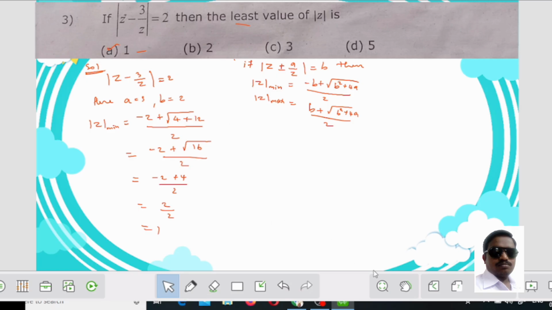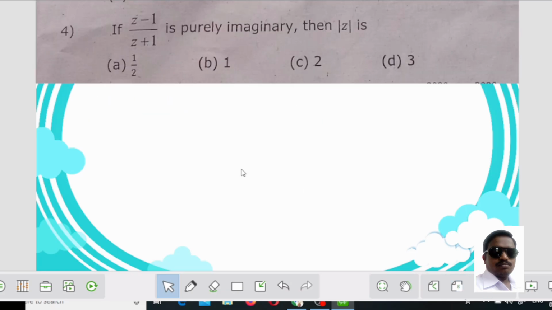The next question is, if the complex number z minus 1 by z plus 1 is purely imaginary, they are giving that the complex number of the form z minus 1 by z plus 1 is purely imaginary, then find the value of modulus of z. To solve this, you know well, whenever a complex number is purely real, z bar equal to z.